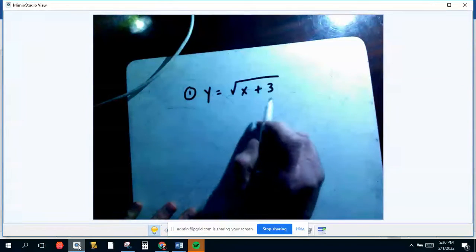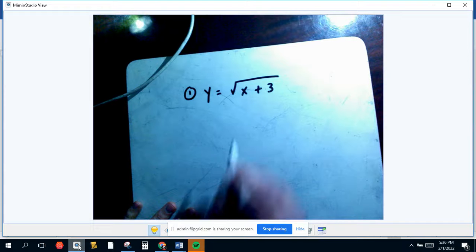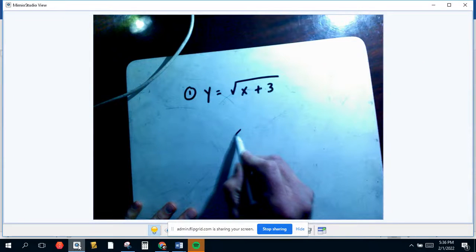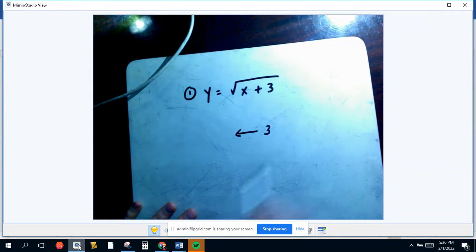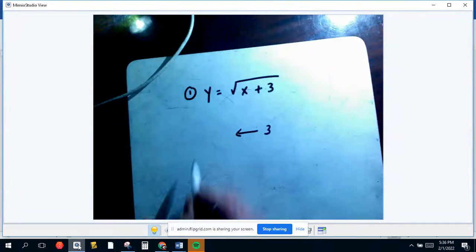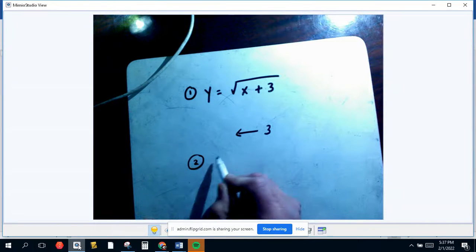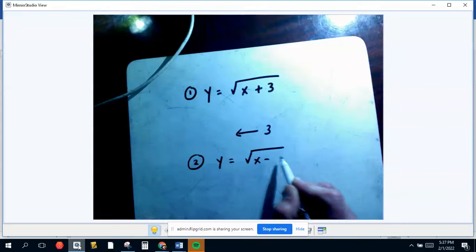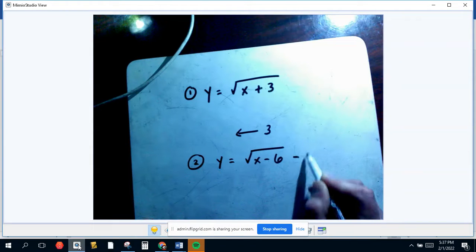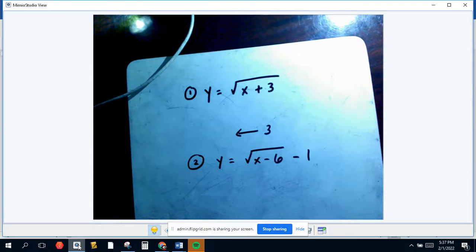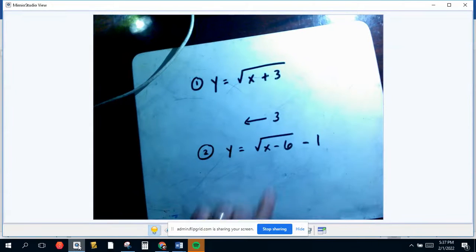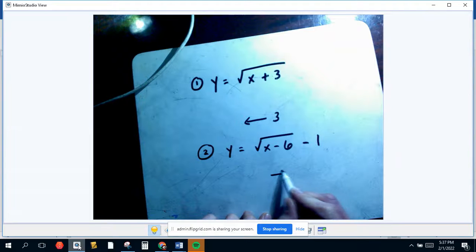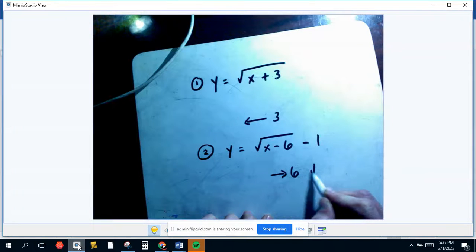So this shift, if you remember, adding on the inside is going to make it go to the left 3. Okay, add on the inside makes it go left. You could have something like x minus 6 minus 1. Again, by saying left 3, I mean left from where the parent graph would be. Well, this one is going to go right 6 and down 1.